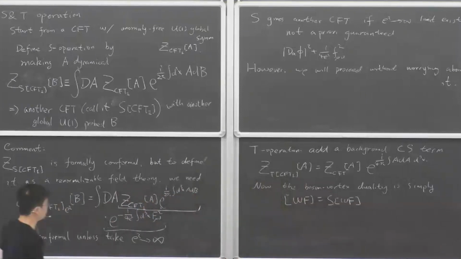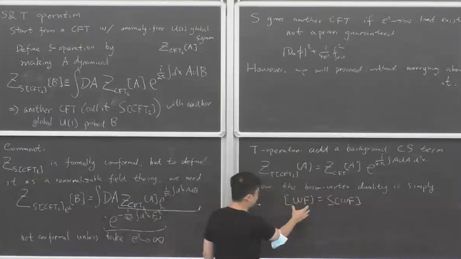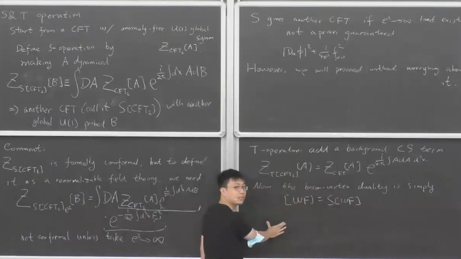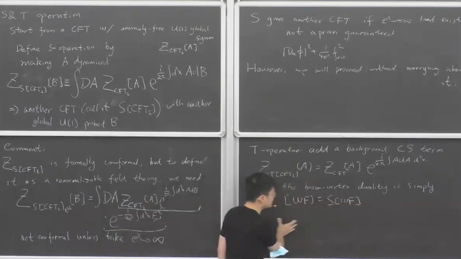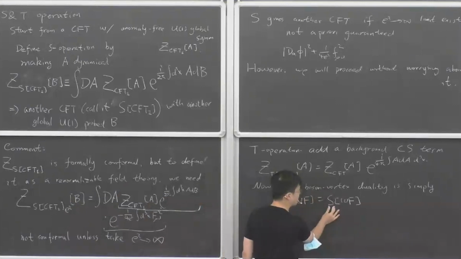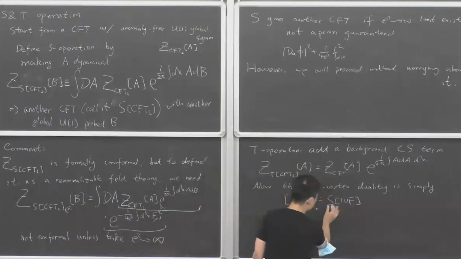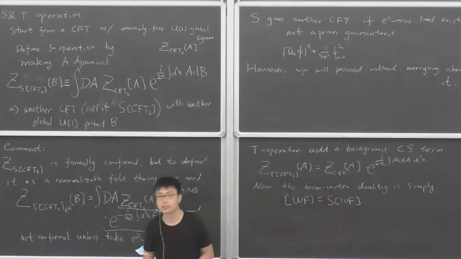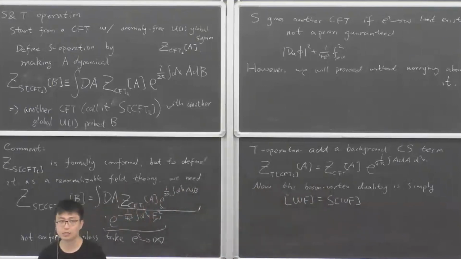Remember, if you really unfold everything, this is an O4 theory tuned to the critical point. This is another O4 theory tuned to the critical point. But when you have an S, it means that this Wilson-Fisher couples to a dynamical U1 gauge field, and the flux of this dynamical U1 gauge field is a global U1 symmetry.